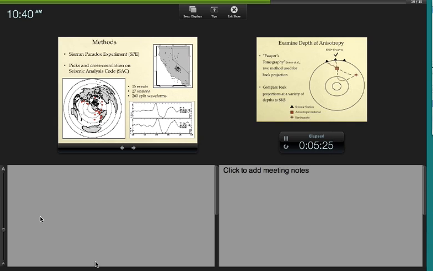Okay, and so our data set comes from the Sierran Paradox experiment. This was 27 stations that recorded 15 events shown from this global seismicity plot. Each one of these red dots is an earthquake event. These waves are coming in at different trajectories and recorded at the stations.